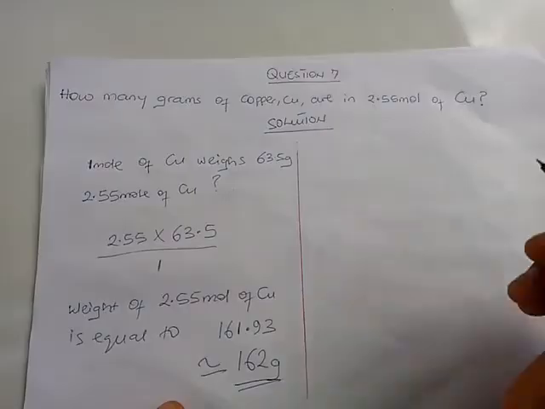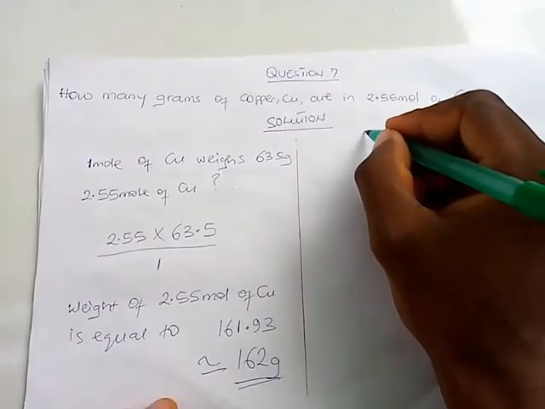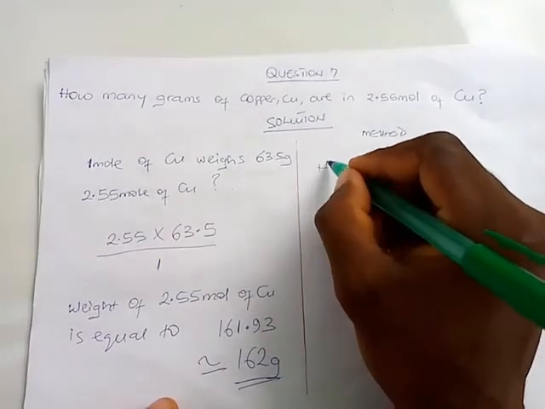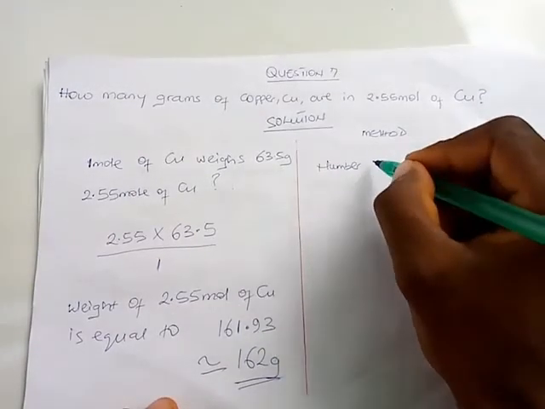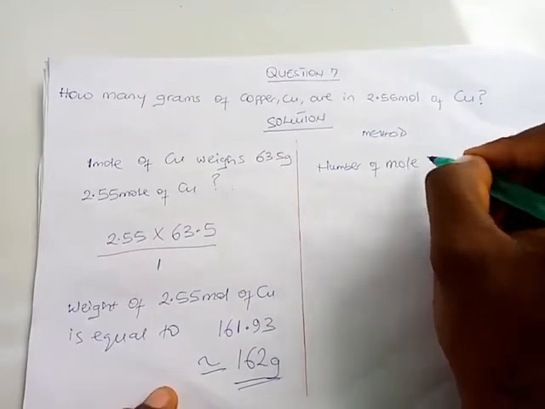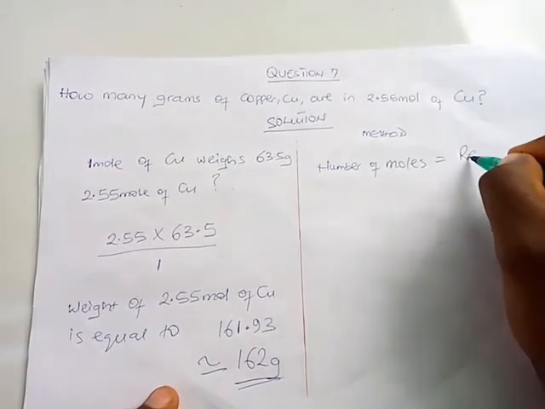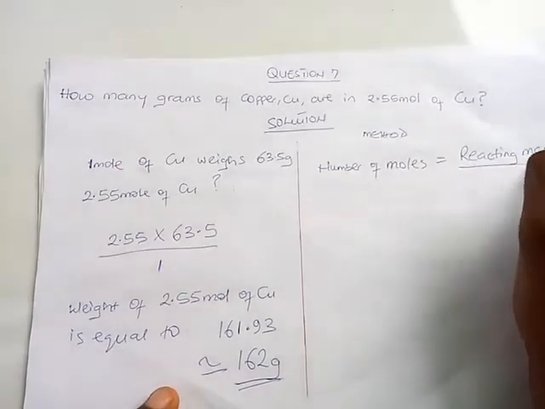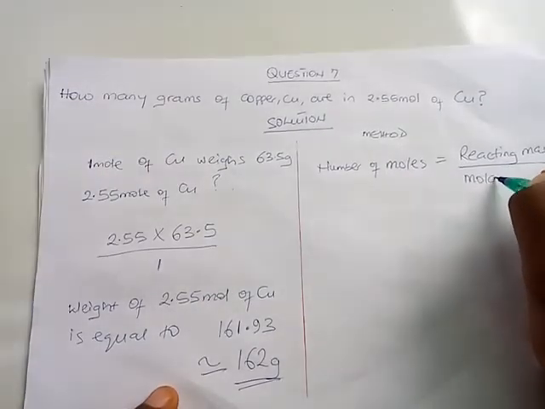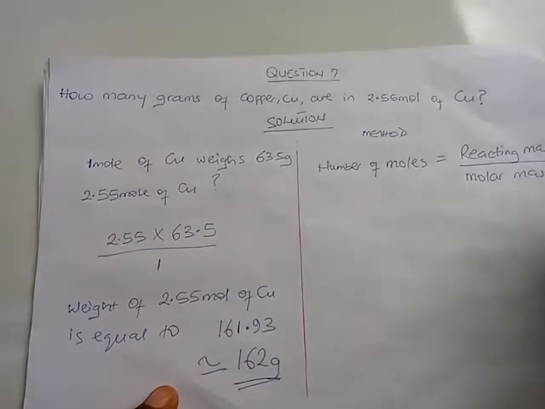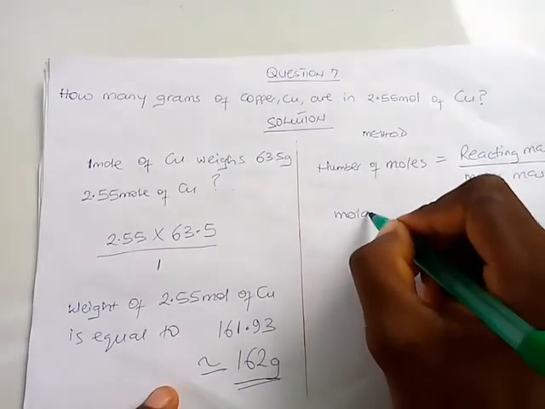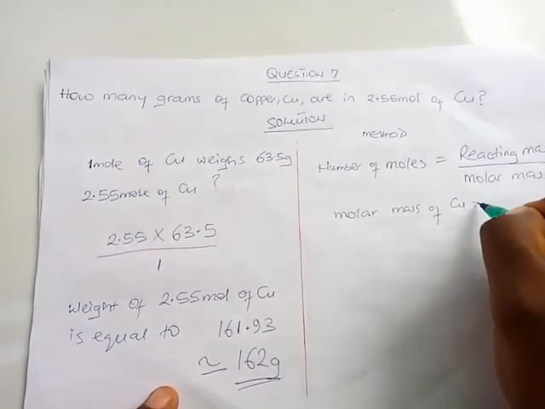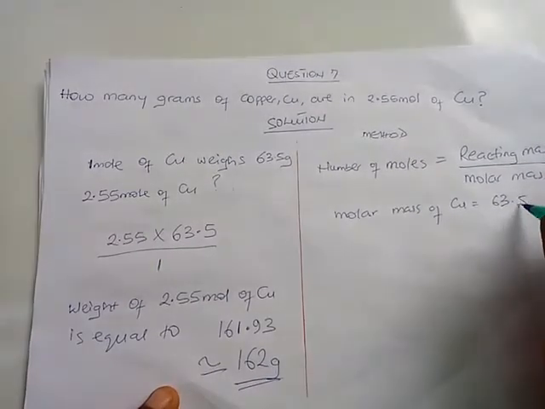Or we can decide to use just the formula. If we want to just use formula, we know that number of moles is equal to the reacting mass all over the molar mass. We know that the molar mass of copper is equal to 63.5.